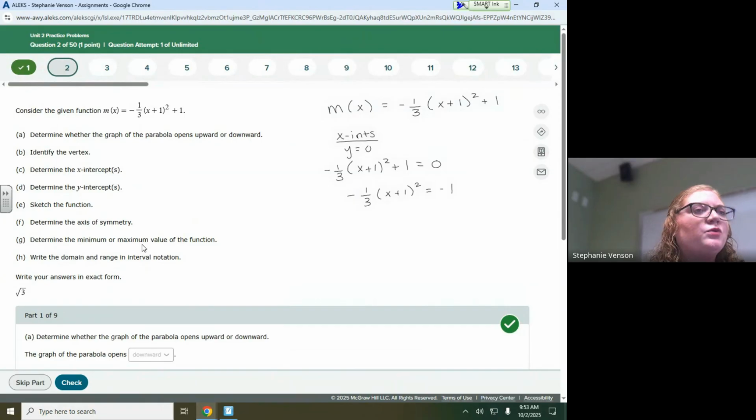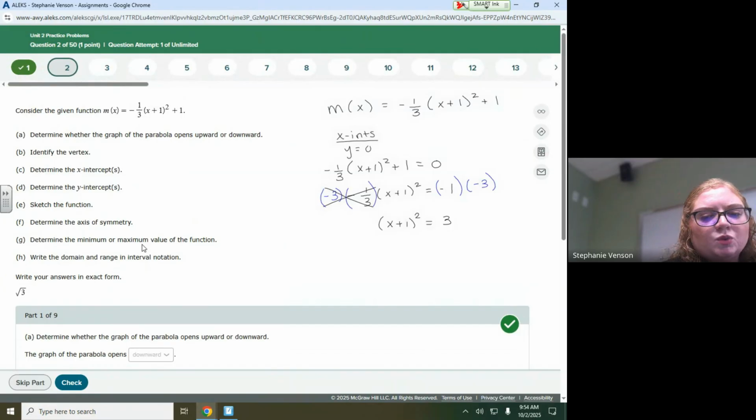Okay, and how would we get rid of a negative 1/3? Multiply by 3. Good, and I'm going to multiply by negative 3 so that I also cancel out that negative. So negative 3 times negative 1/3 becomes 1. And so we just have x plus 1 squared equals, and then negative 1 times negative 3 is 3.